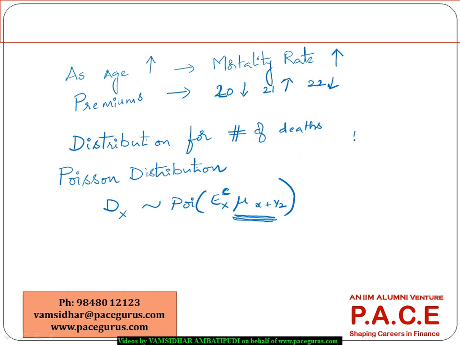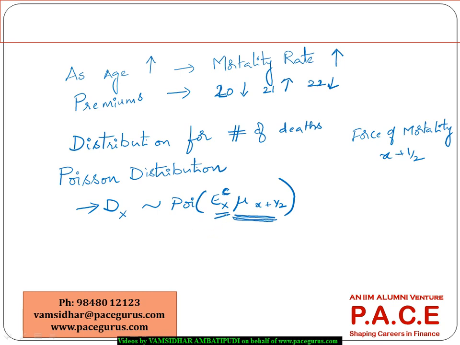I'm taking the force of mortality at age x plus half, and that particular force of mortality I am multiplying with the total central exposed to risk at that particular age x. That is what gives me the distribution of deaths, if I am assuming that the deaths follow a Poisson distribution.